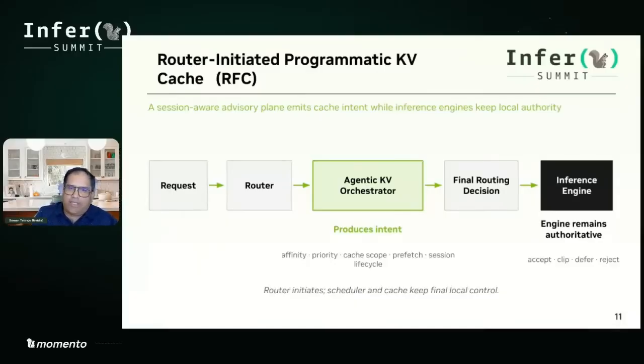Inference engines are stateless and they remain authoritative in this mechanism. What we are trying to propose is a KV orchestrator, which has knowledge from the router of which tasks or requests belong to a particular session, and they produce intent related to caching.